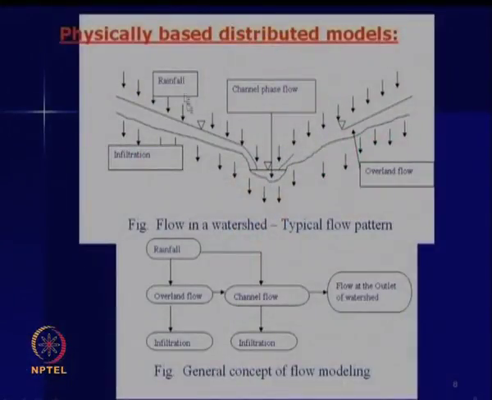Now coming back to physically based distributed models, say if you are going for rainfall to runoff, then depending upon the objectives, as I mentioned, we may consider only some of the important hydrologic processes. For example, in an agricultural watershed for event based modeling, we do not have to worry about small quantity processes like interception, and we can even neglect evapotranspiration.